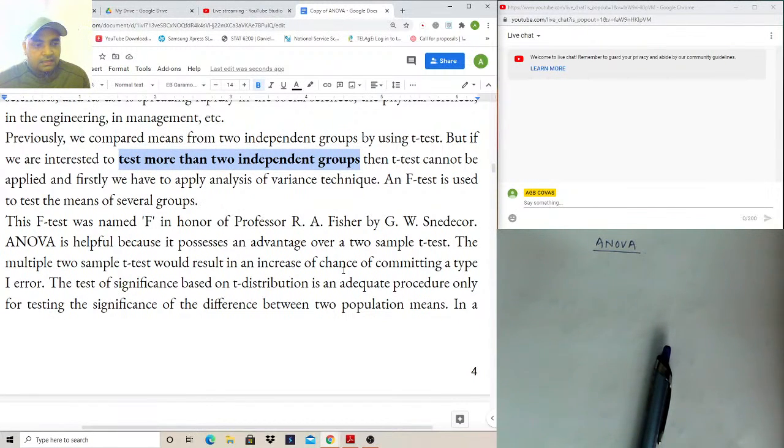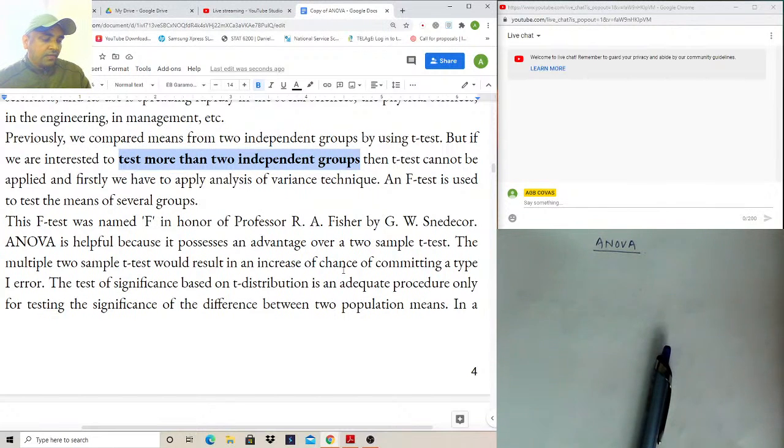If we do not do this F-test or ANOVA, and instead do multiple two-sample t-tests, it would result in an increased chance of committing a type 1 error.